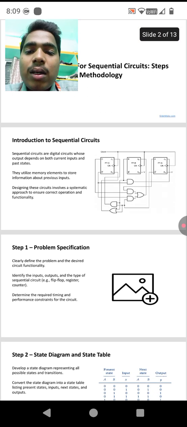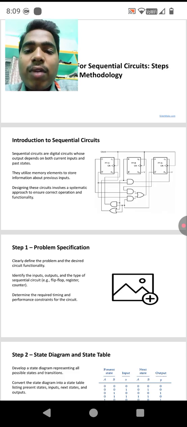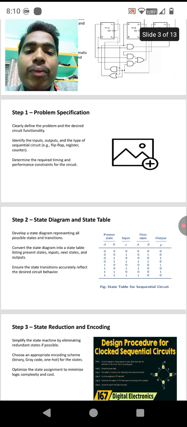They utilize memory elements to store information about previous inputs. Designing these circuits involves a systematic approach to ensure correct operation and functionality.